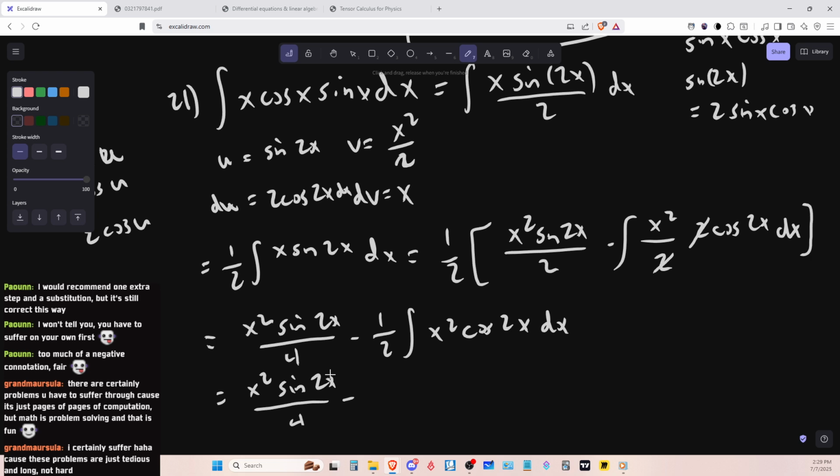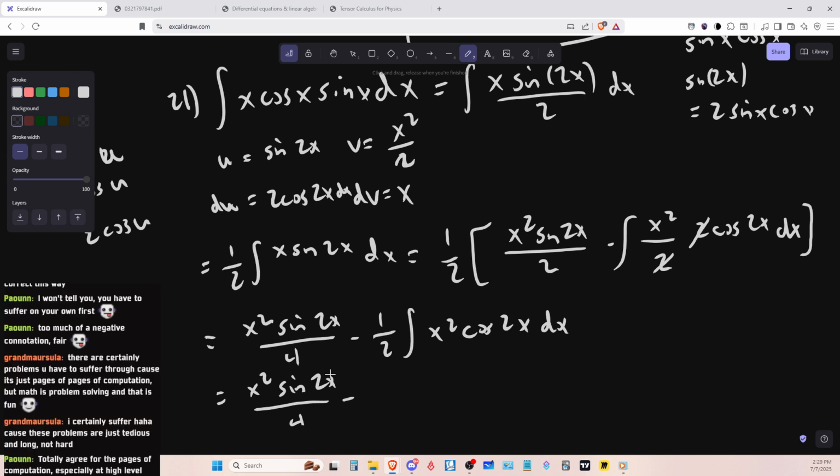Now, wait. Now, cosine 2 is not the same, right? It's not the same identity as well, right? Or no, it is. Now I gotta think about my trig identities.